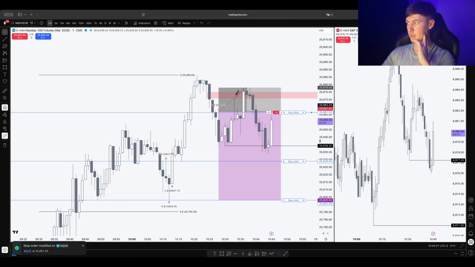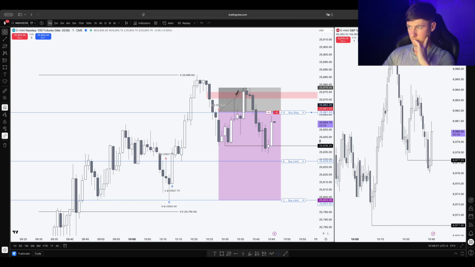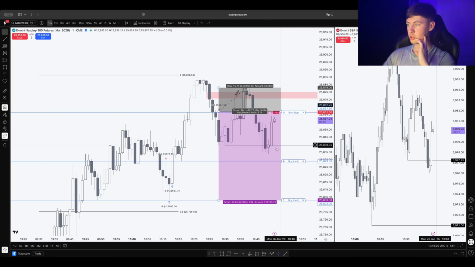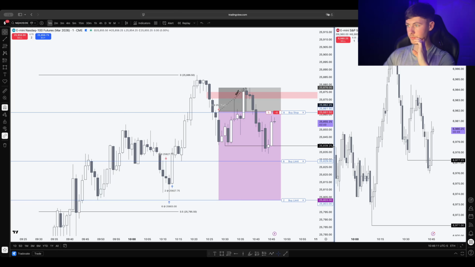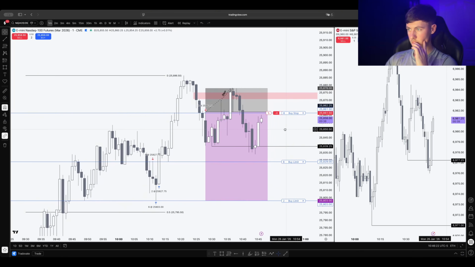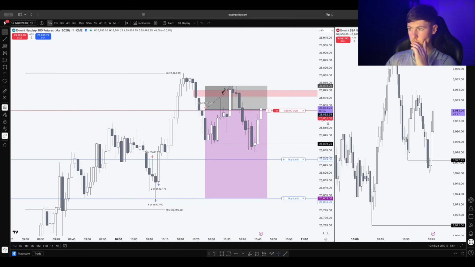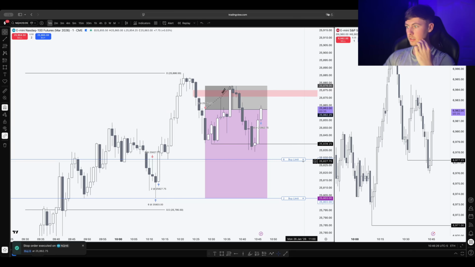I will just call it a day if we do get stopped there. Shouldn't be retracing like that. Okay, stopped out at break even there.